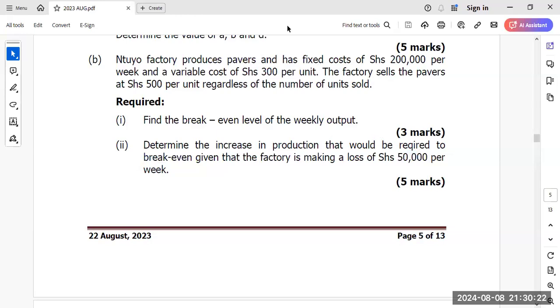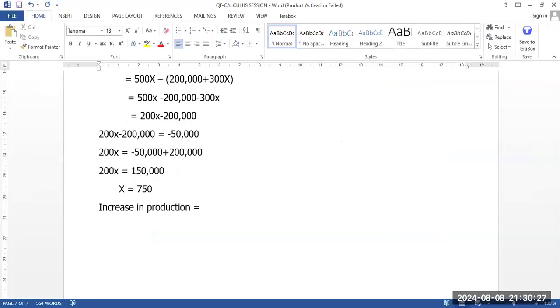So what will be the increase? The original one was 1,000 at break even, we subtract 750, and you'll be in position to get 250 pavers per week. And that's all about that question.